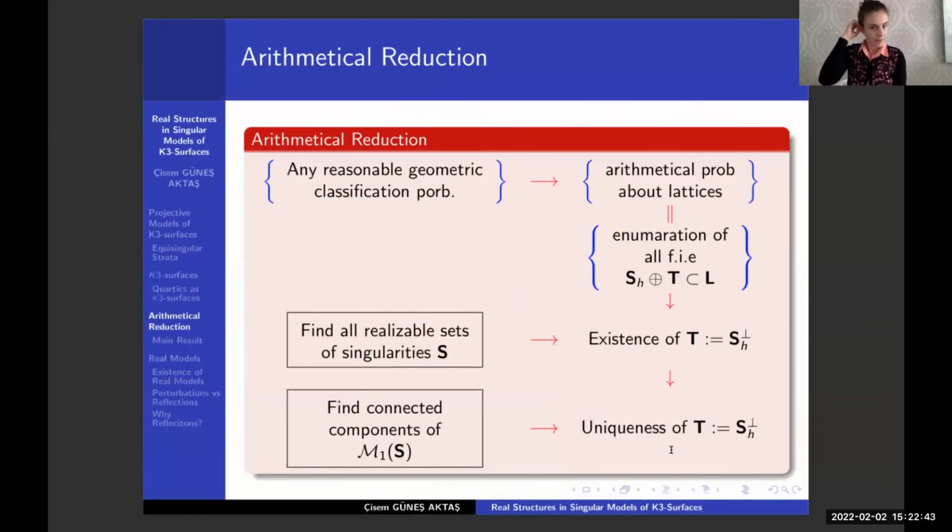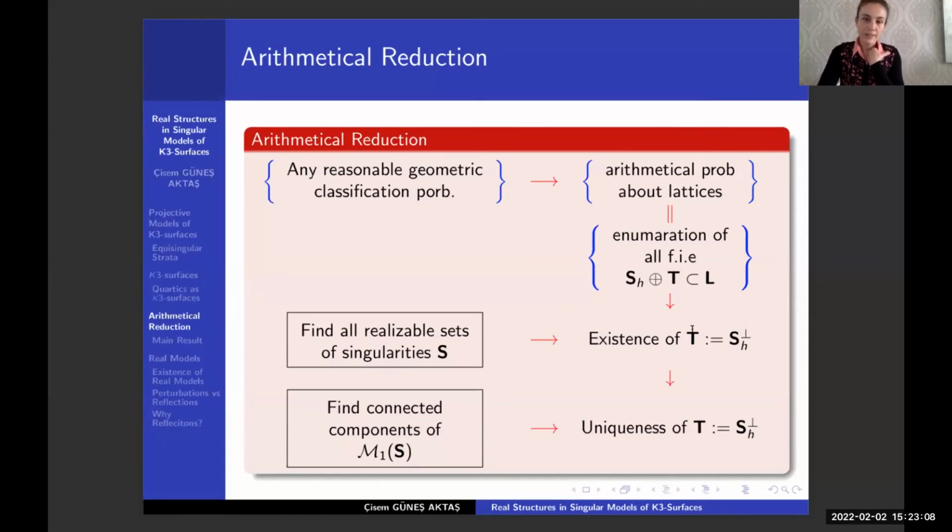And here is more detail about the strategy of how I did the arithmetical reduction. We come up to this point: I am interested in the enumeration of all finite index extensions like this. To enumerate them, first of all, we need to consider the existence of this orthogonal complement.